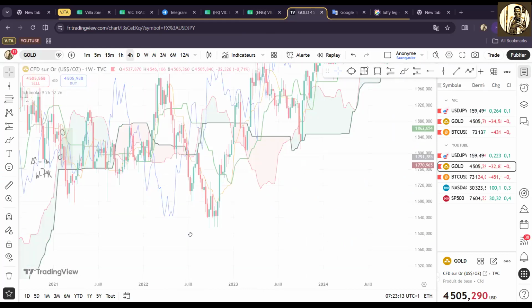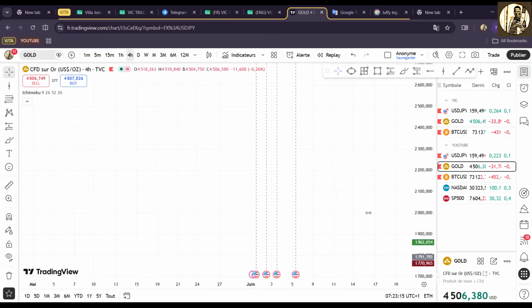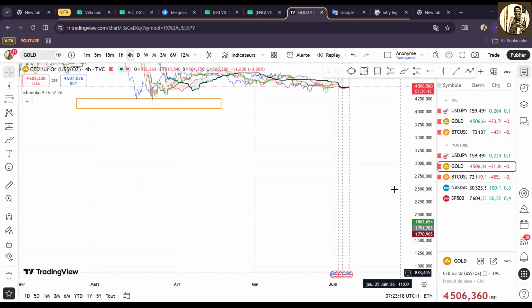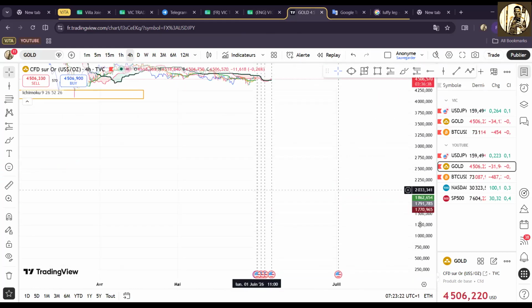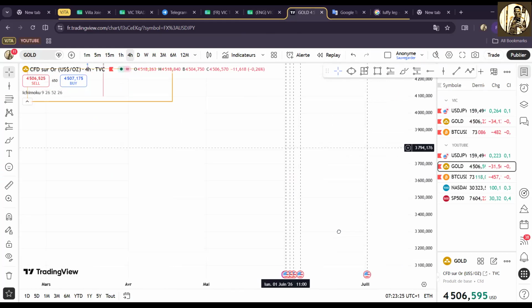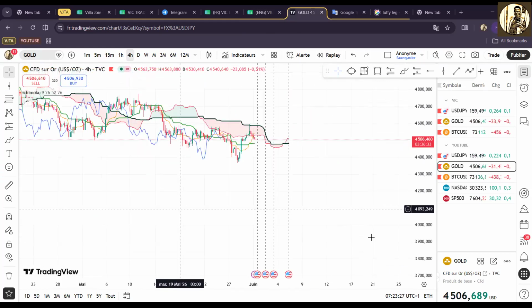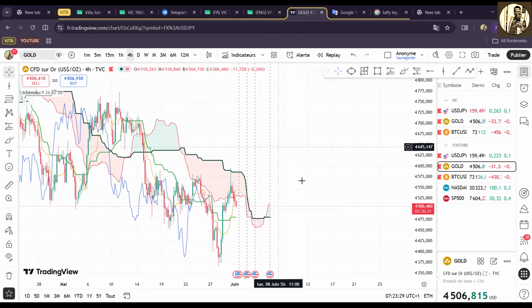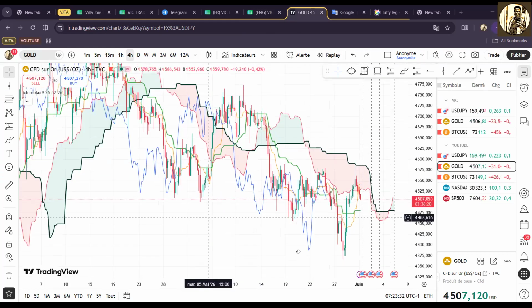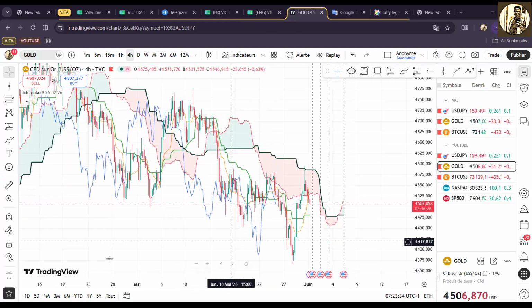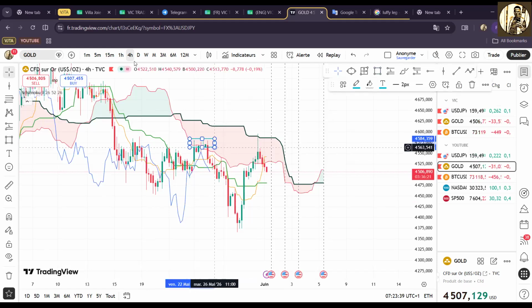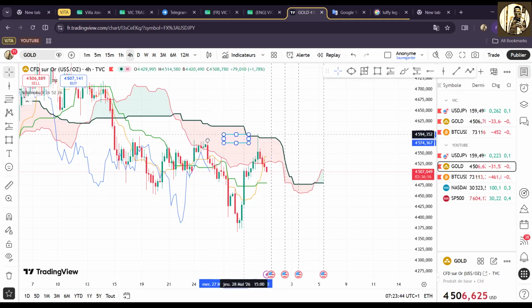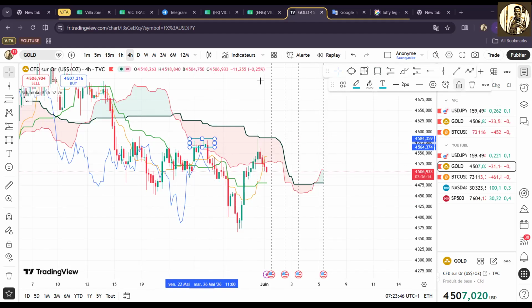Let us say, for example, you have a zone in 4 hours. Let me take a sell zone. Let us say you have this SSA zone in 4 hours, right?